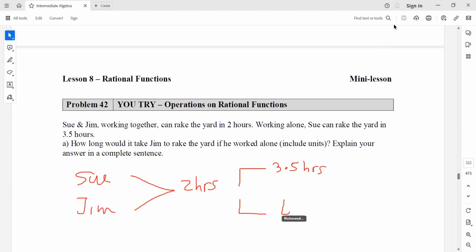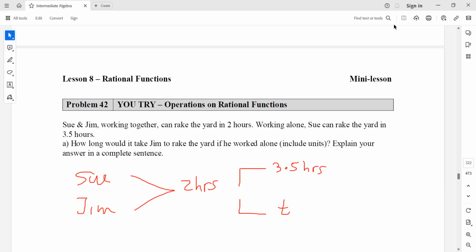And then Jim, we don't know how many hours Jim is going to use. So the question says, how long would it take Jim to rake the yard if he worked alone?